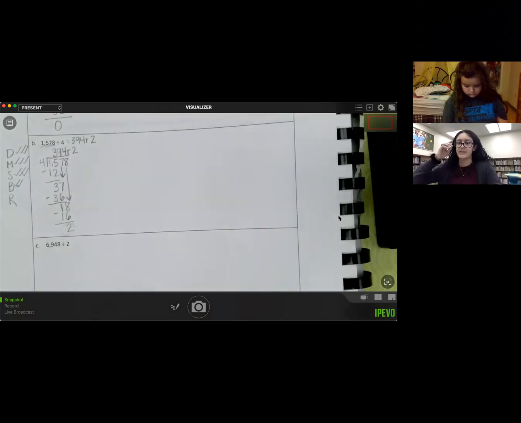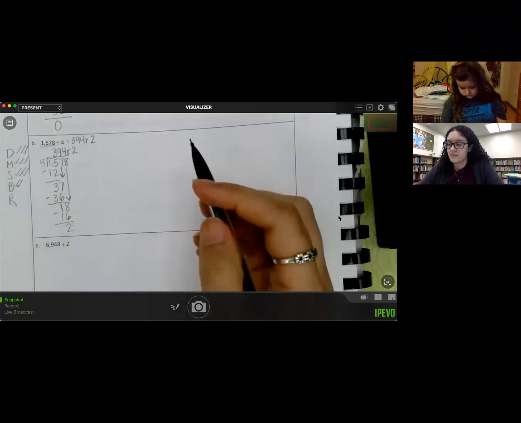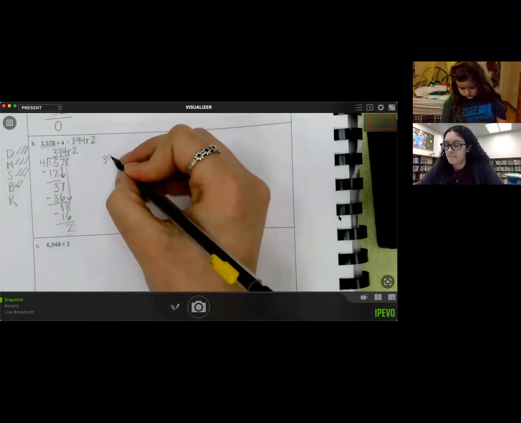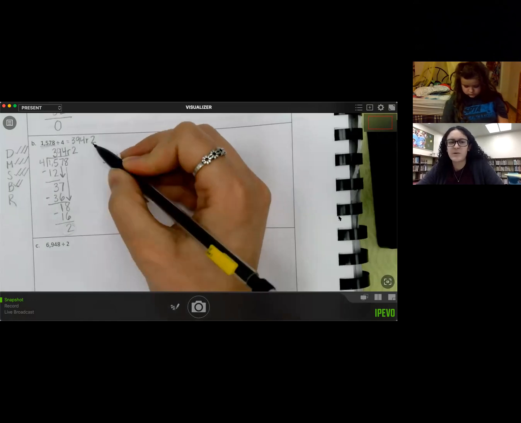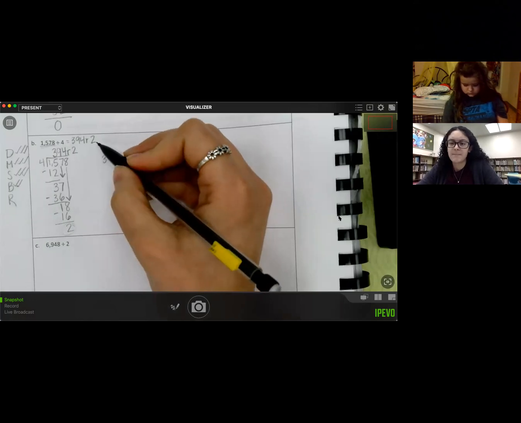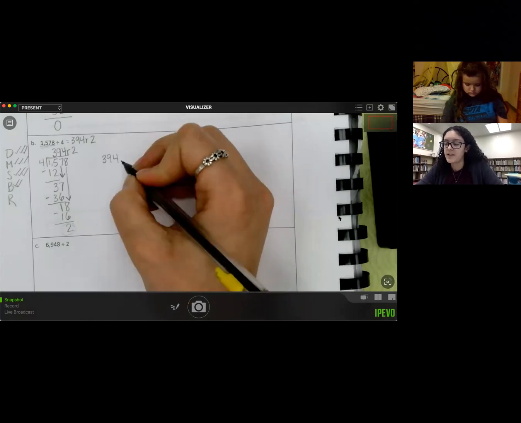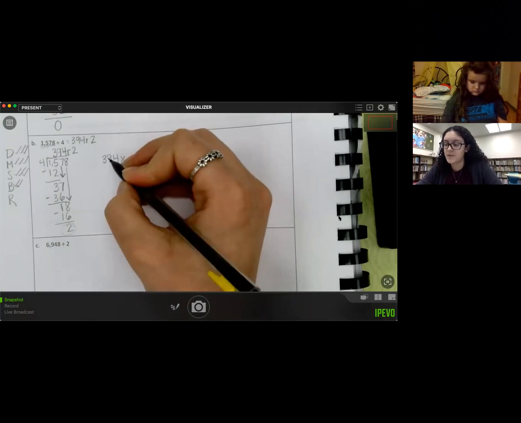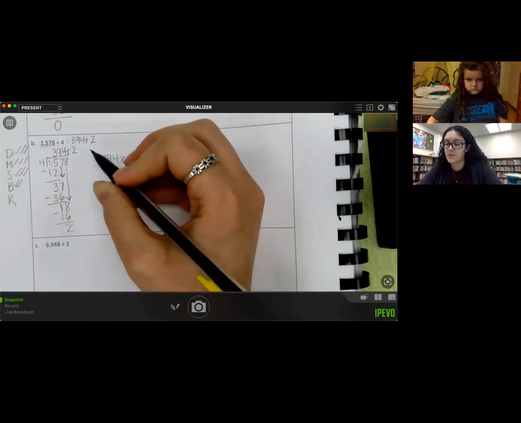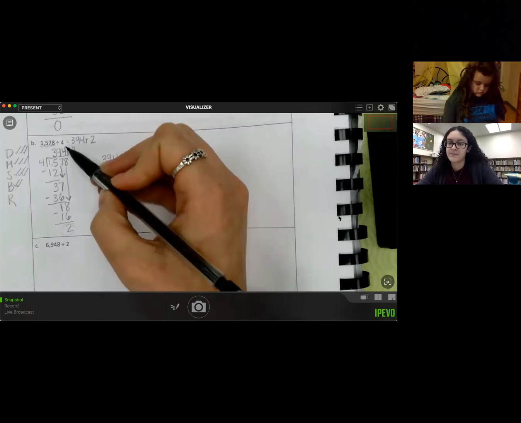Remember, we multiply 394 remainder 2 times our... What do we normally do with our remainder? We multiply first. You're right, we're going to multiply 394 by 4. Right, by 4.